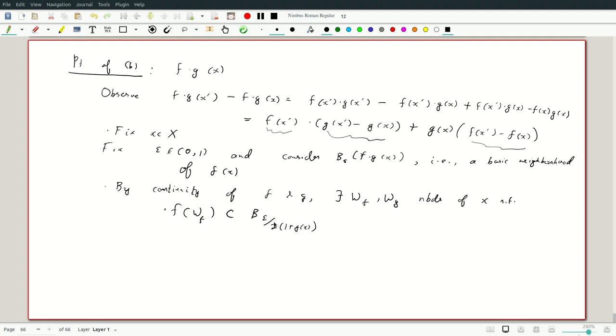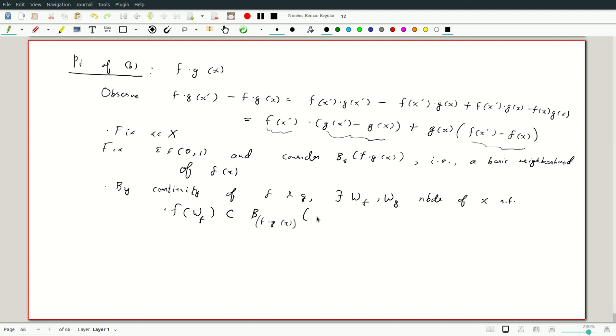This is a constant. We are just taking this ball of radius epsilon. My notation has switched things. Ball, which is good because ball around f times g of x of radius.